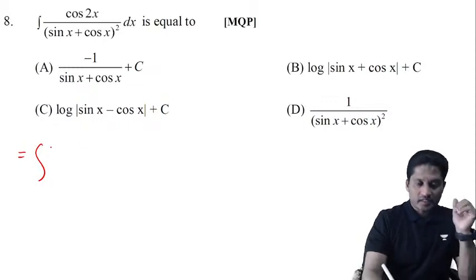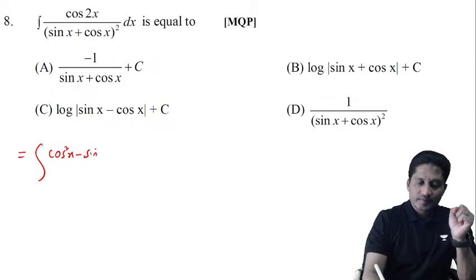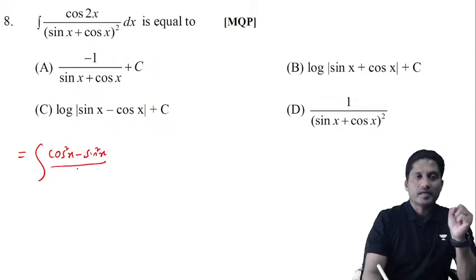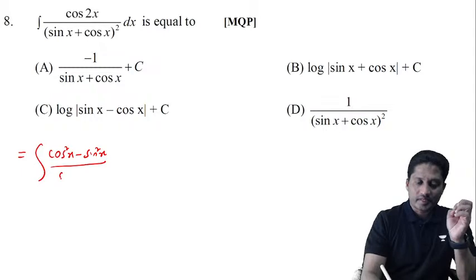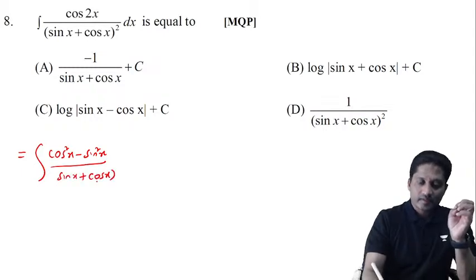Cos 2x can be written as cos square x minus sin square x, divided by sin x plus cos x the whole square dx.